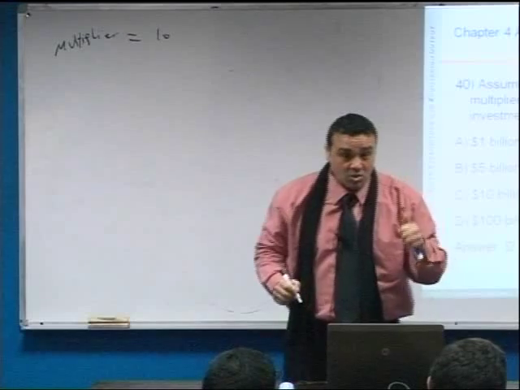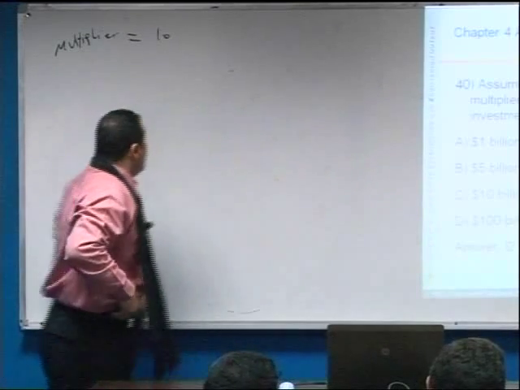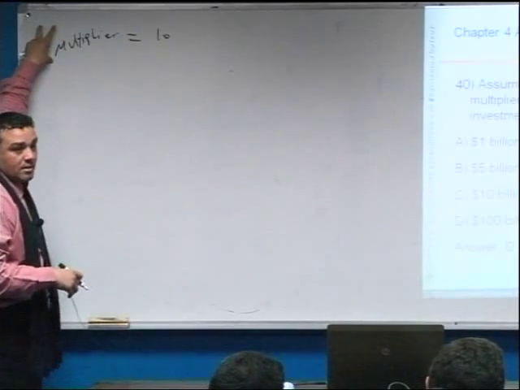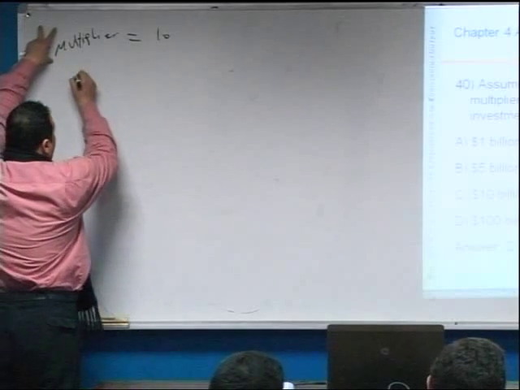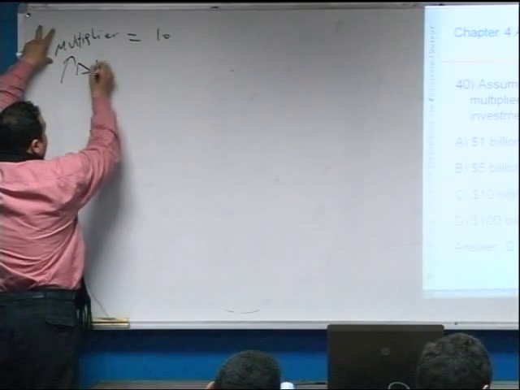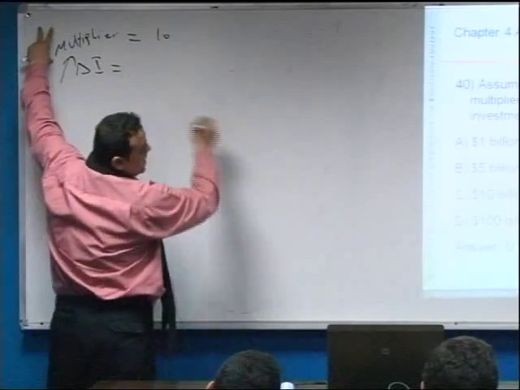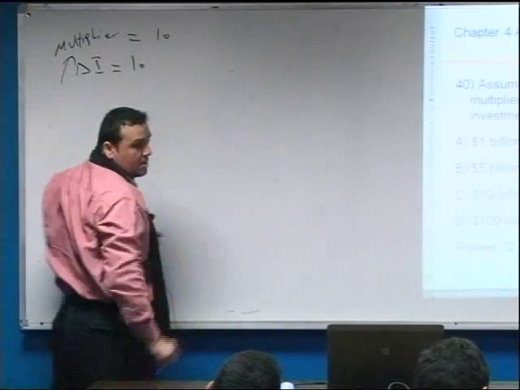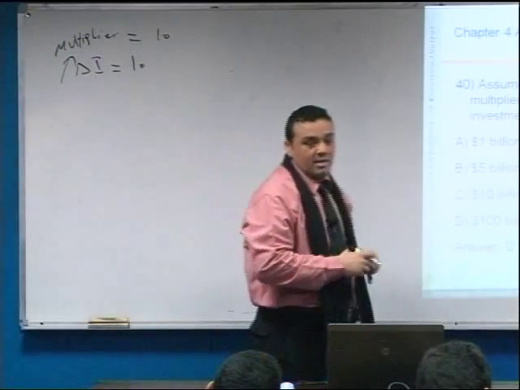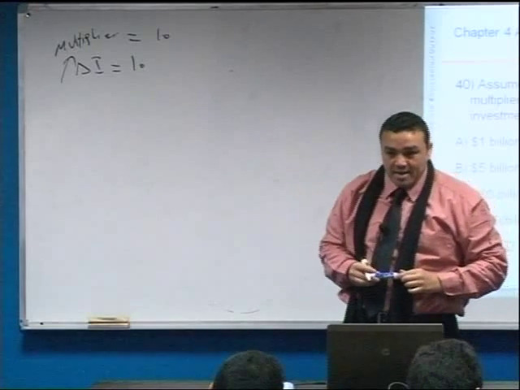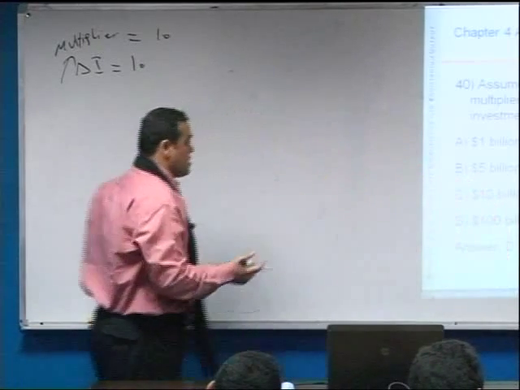So our assumption is that the multiplier equals 10, and delta I equals $10 billion. Calculate the change in the aggregate output or the aggregate income.